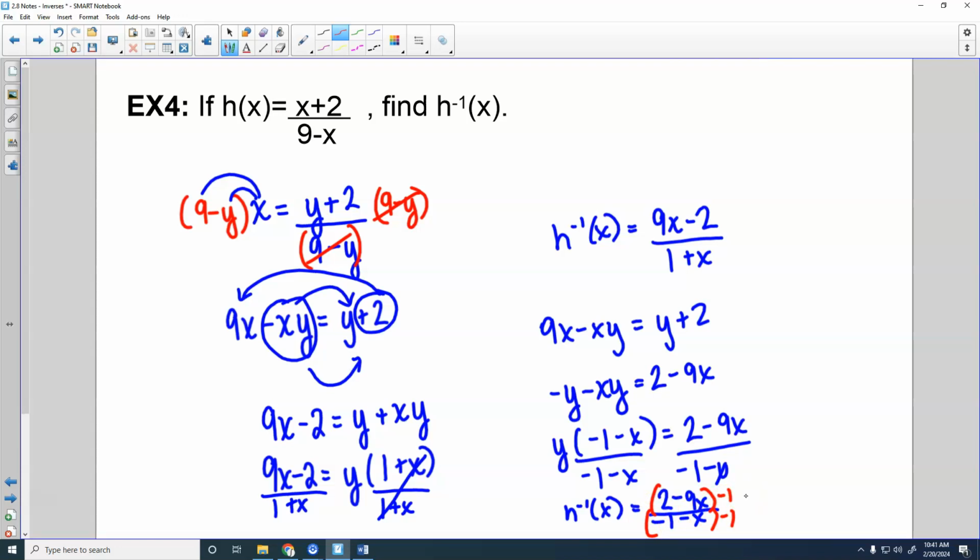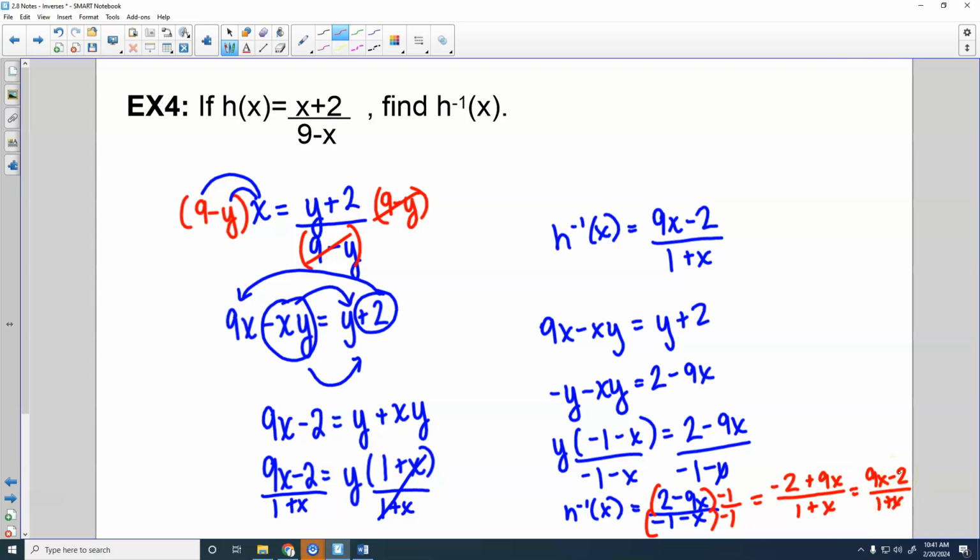What is negative 1 divided by negative 1? It's just 1. So it's okay to multiply the top of a fraction by a negative as long as I also multiply the bottom by a negative. And that would give me negative 2 plus 9x over 1 plus x. And then I could write that 9x minus 2 over 1 plus x. And it would match what I had up here.